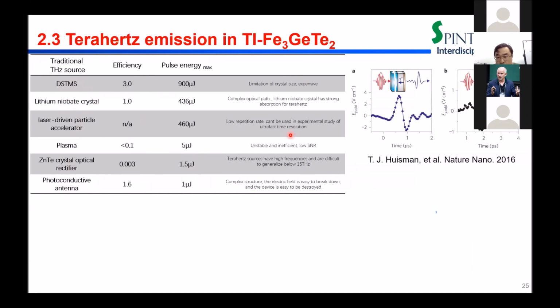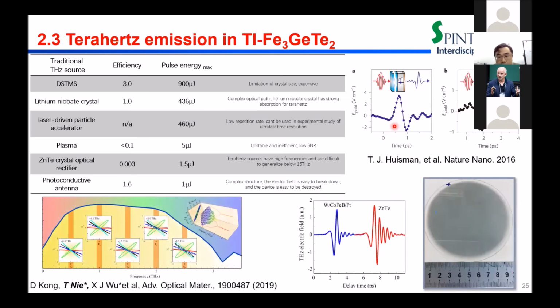Since 2016, Professor Kim Yeo reported that spintronics can also be used to emit terahertz. So a lot of work has been done on this. This mechanism relies on the strong inverse spin Hall effect.